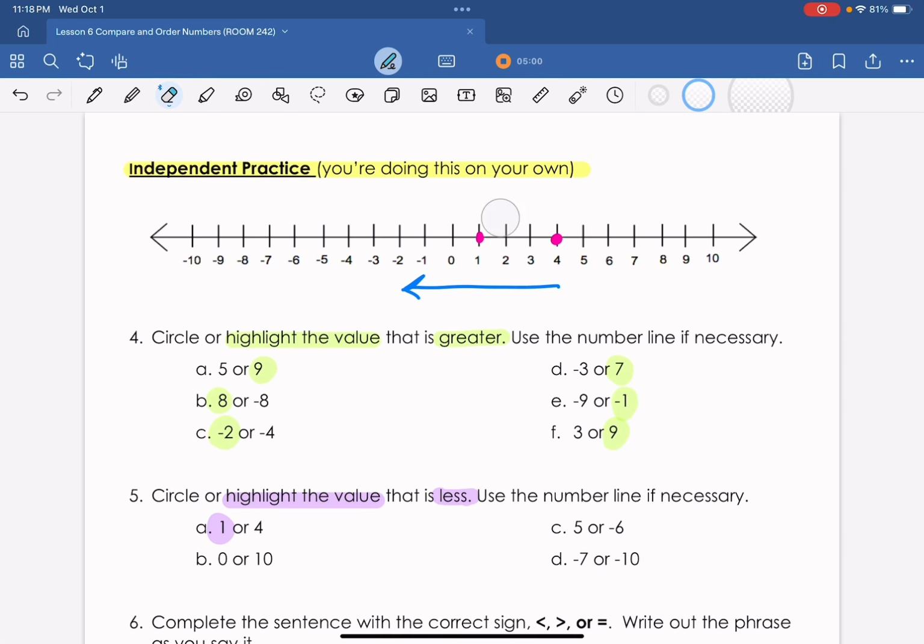Okay. We have 0 or 10. We know that 0 is further to the left than 10 is. All right. Next, you have 5. So I would go 5 units to the right. And I have -6, which is 6 units to the left. So which one of those is further to the left? -6.